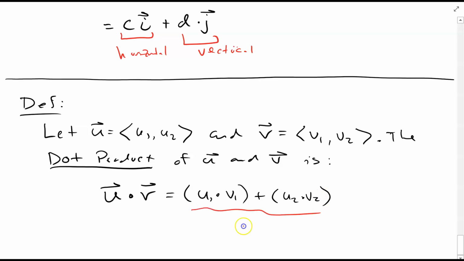Note that this result is a scalar, not another vector quantity. So the result of the dot product of two vectors is a scalar.